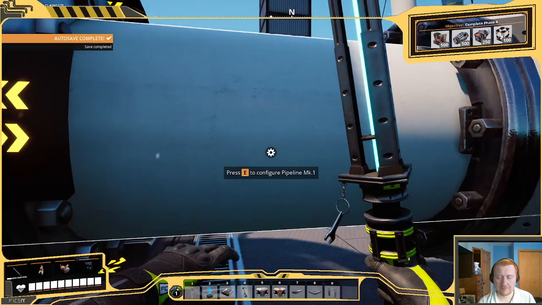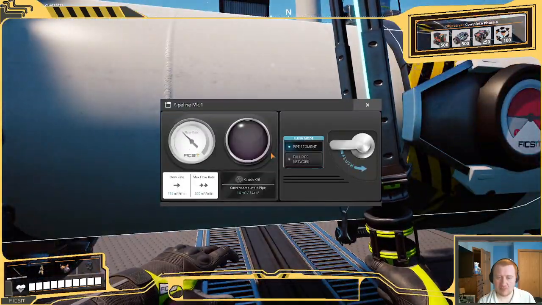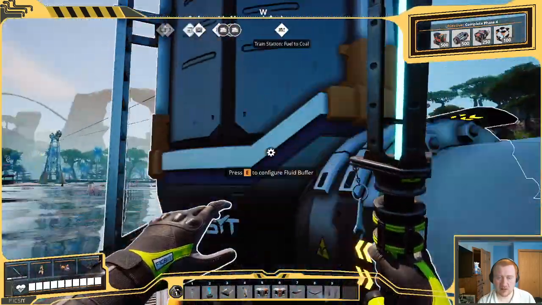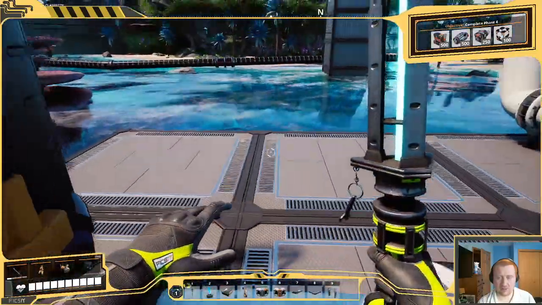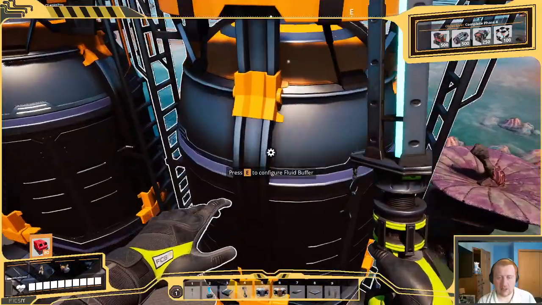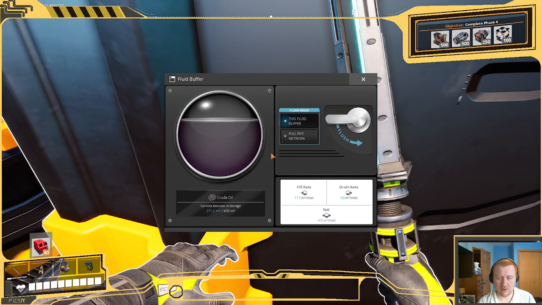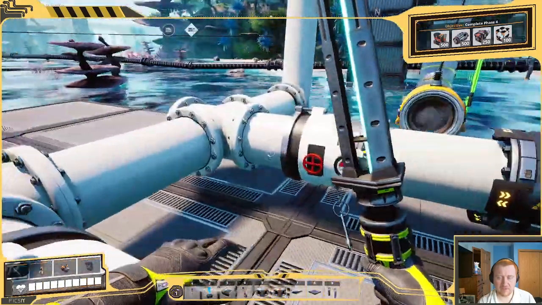So that means that the net will be mostly positive. It's not 100% perfect, but these will fill up relatively slowly until they're completely full.